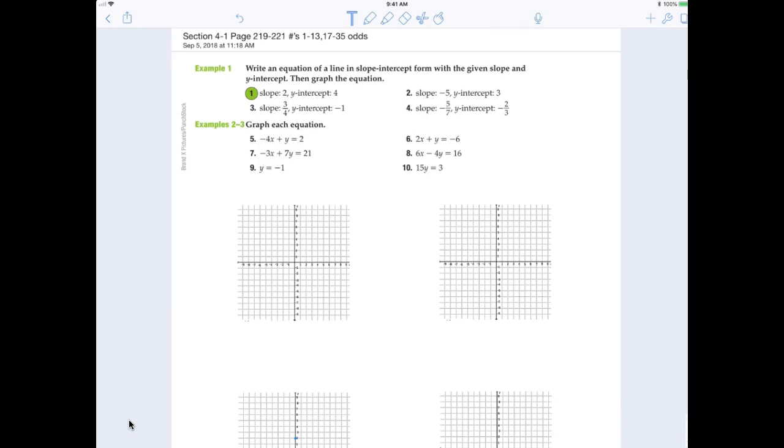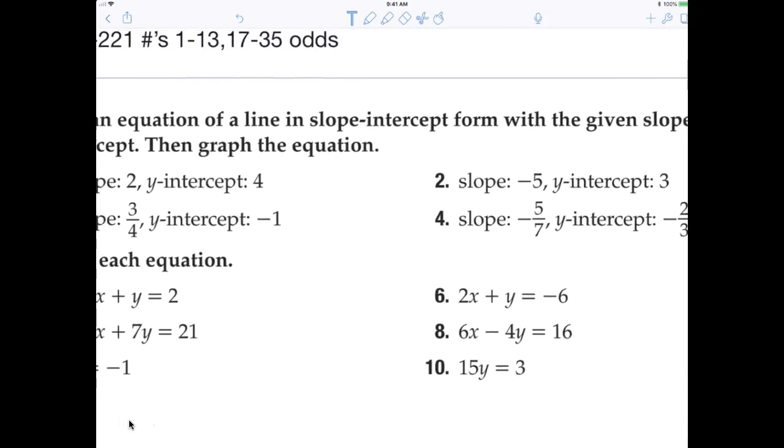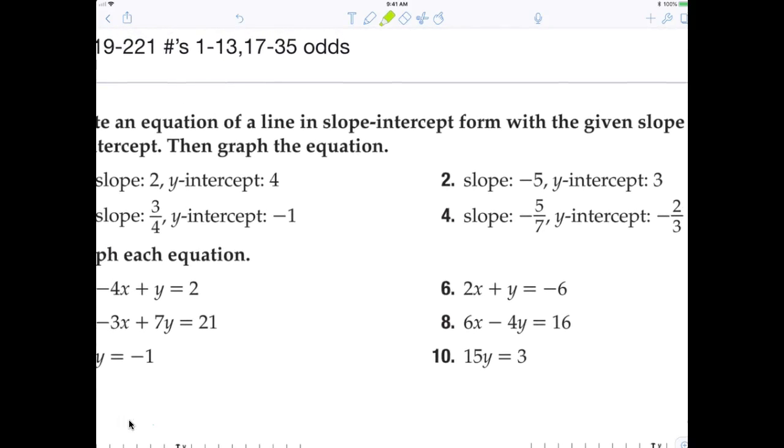In order to write an equation in the slope-intercept form, I need everybody to highlight slope-intercept form. Now, when you highlight slope-intercept form, I'm going to write that equation for you.